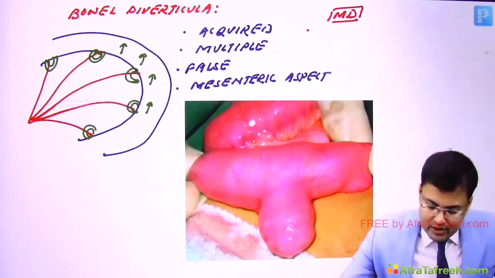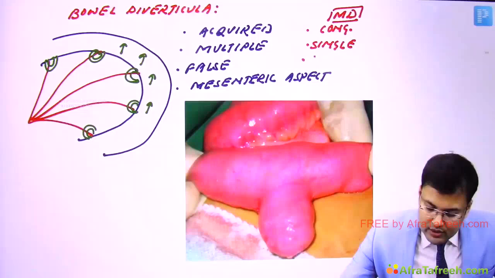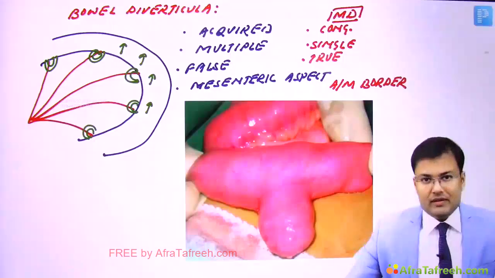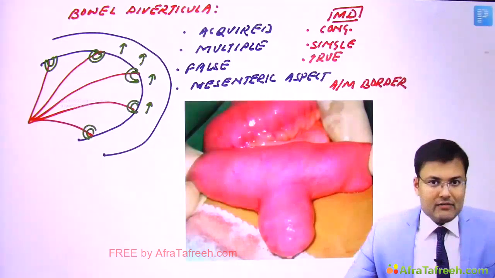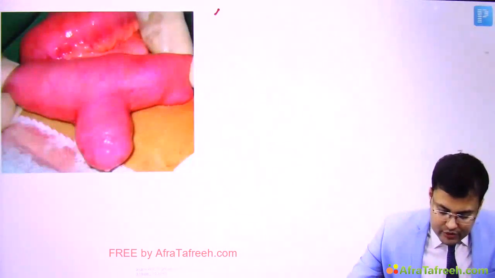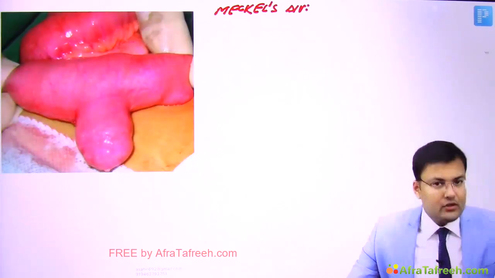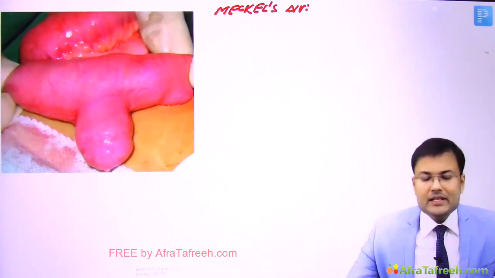So Meckel's diverticulum: congenital, single, true, and located along anti-mesenteric border. This is very important, so we will discuss Meckel's diverticulum in detail.